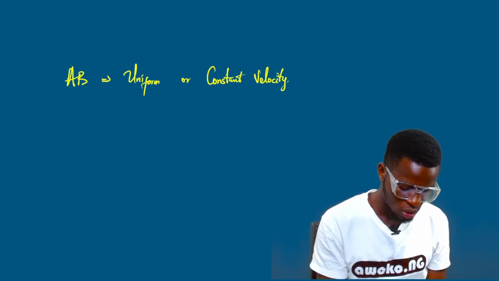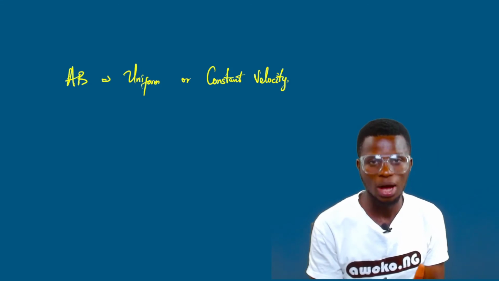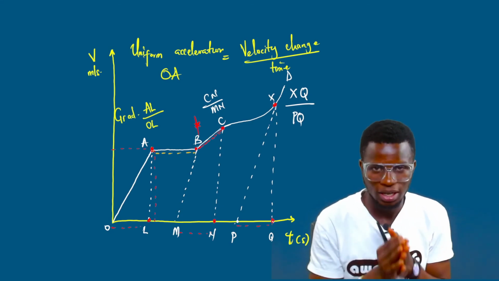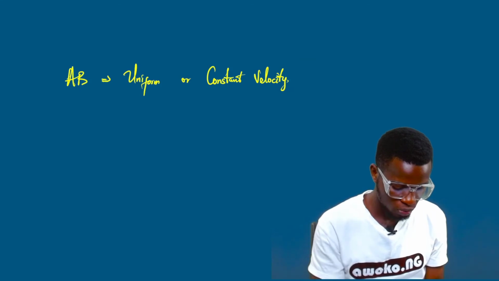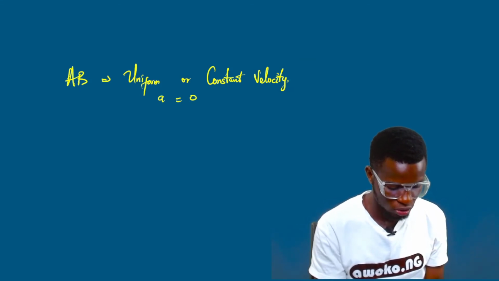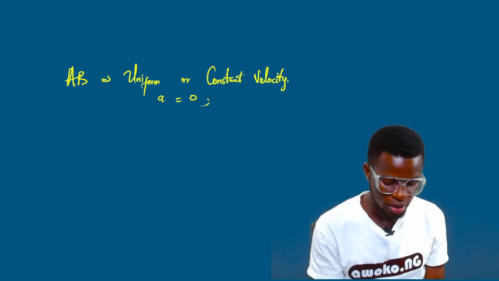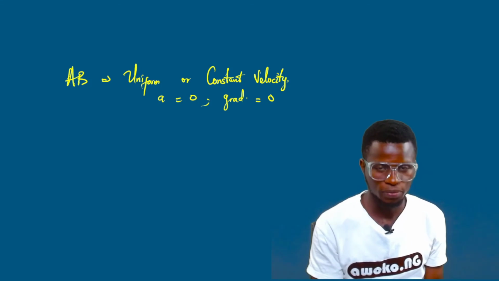And we said when a body undergoes uniform or constant velocity, there is no acceleration. The body did not accelerate, it's just moving on a straight line. Acceleration at this point is equal to 0. So a is equal to 0 at this point, and of course, if a is equal to 0, the gradient is also equal to 0.